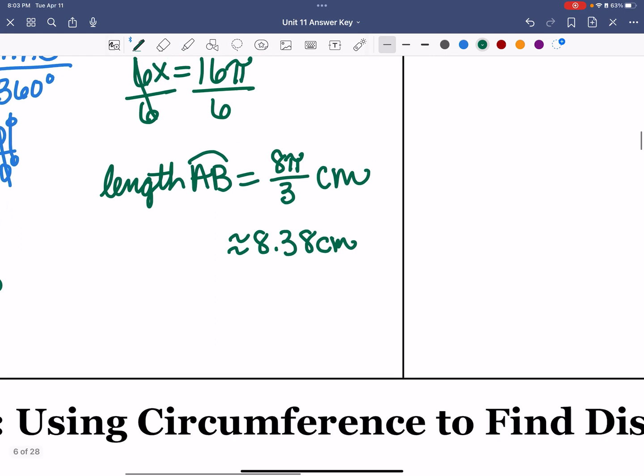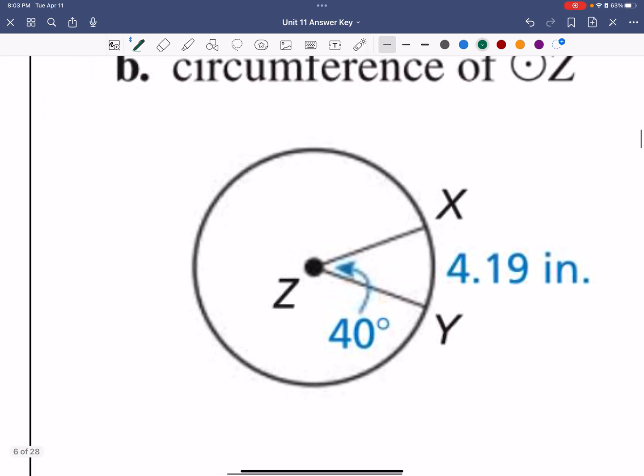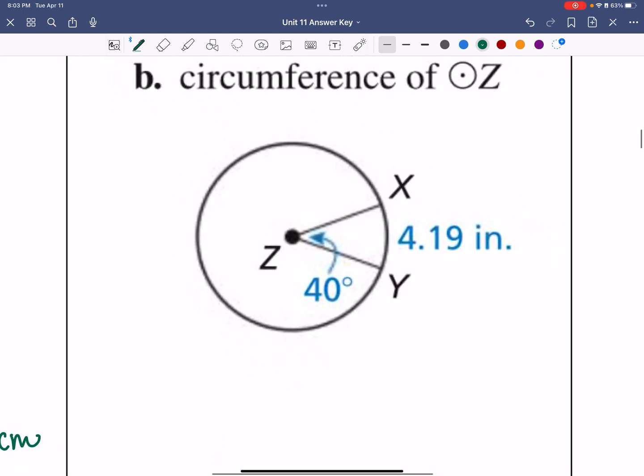My second part, I'm now finding the circumference. So I am going to find the circumference of this by plugging in everything I do know.